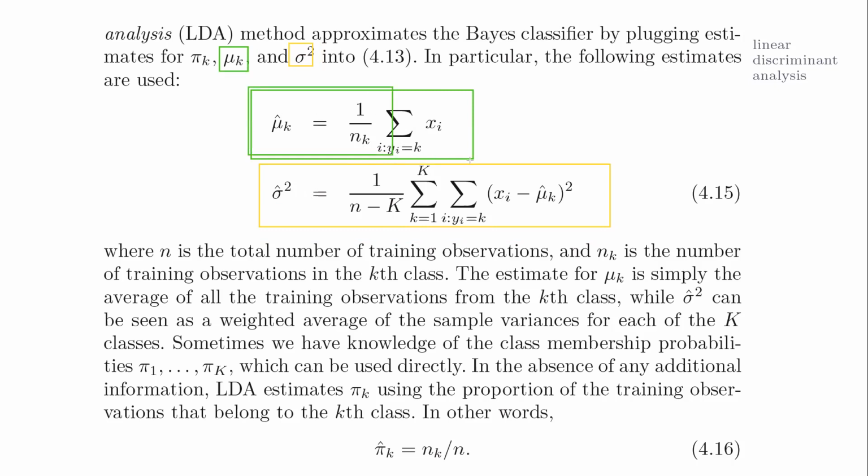The green is just the secondary school mean, where you add all the values and you divide by the total frequency. Total frequency is this over here.